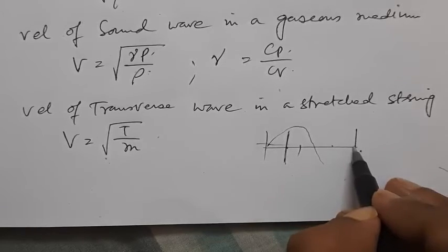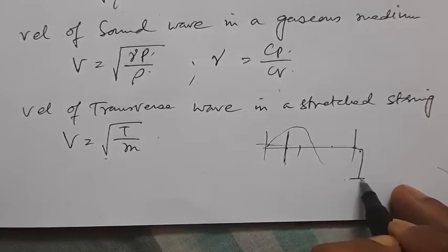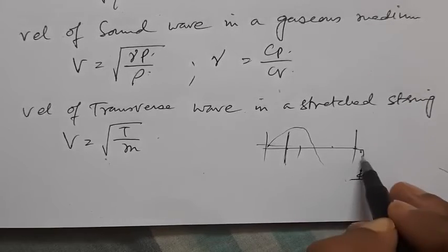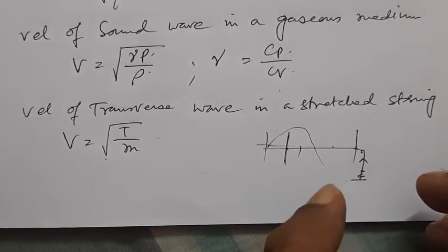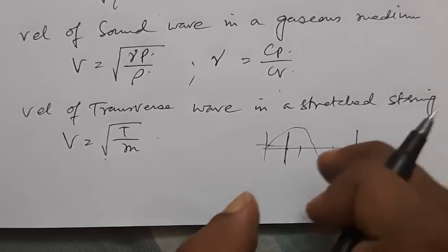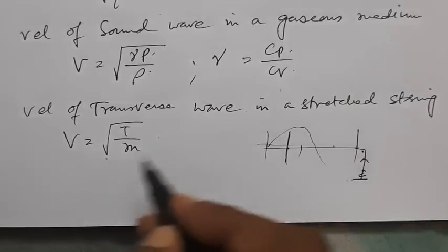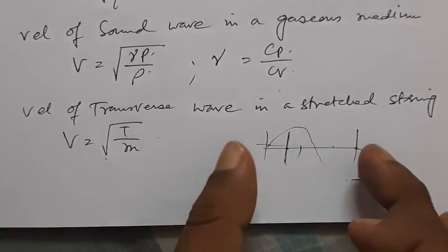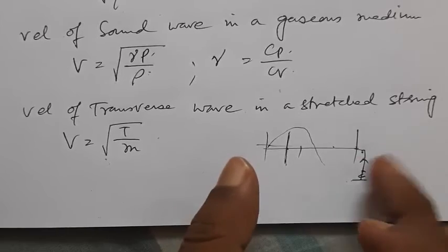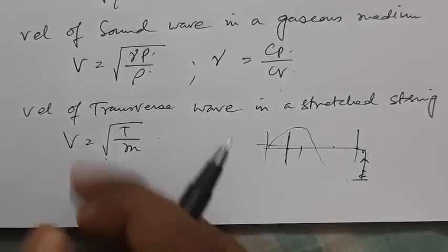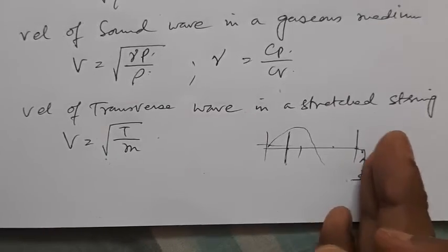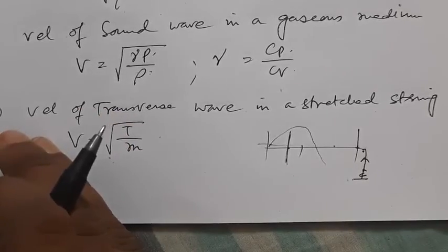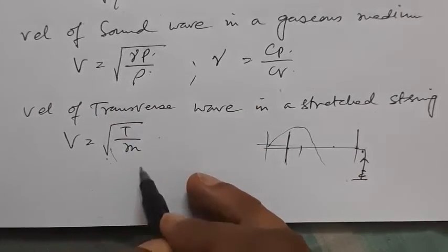This is a straight string, so we can stretch it by applying weights here. The more the tension, the more is the velocity of the wave. That means the more the stretching force, the more is the velocity of the transverse wave. So it becomes square root of T by M.